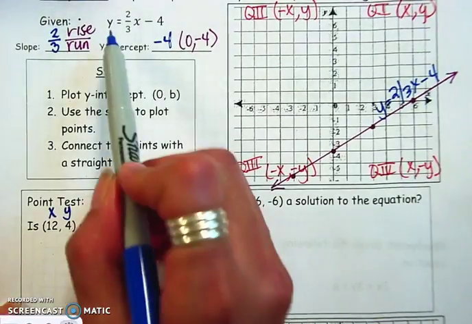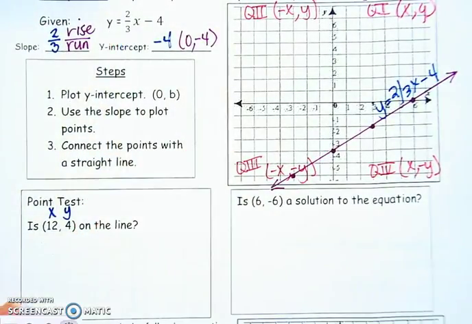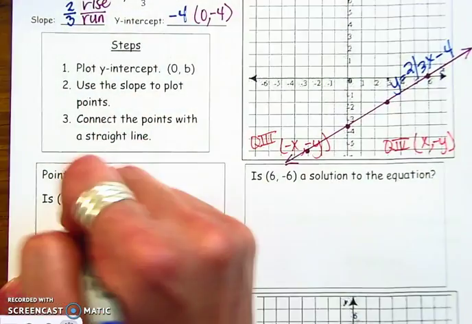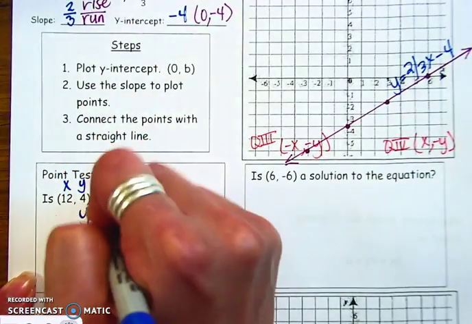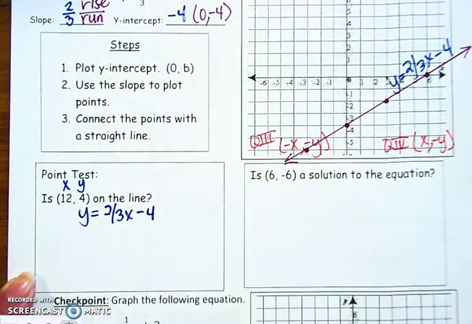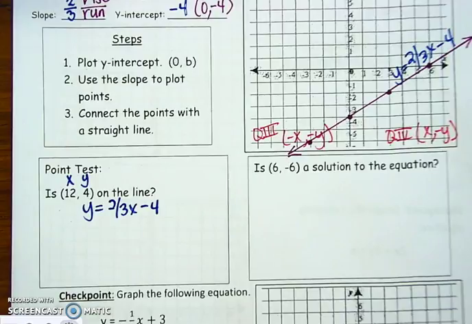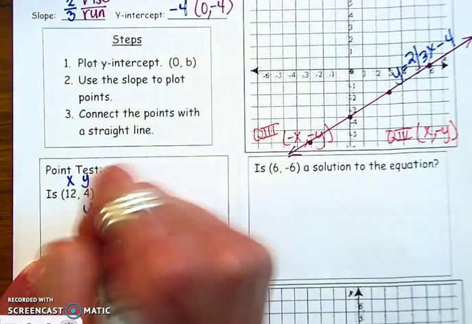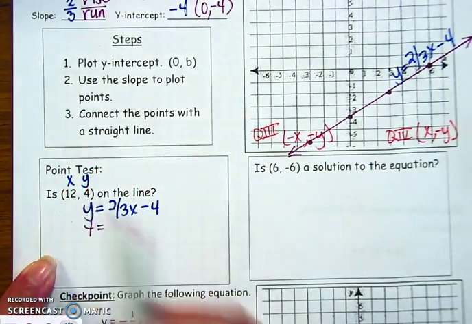So here our given equation was y = 2/3 x - 4. So I go ahead and write down the equation. And I want to plug the point into the equation and determine whether or not it makes it true. So in place of y, I'm going to write 4, because that's what y was equal to.